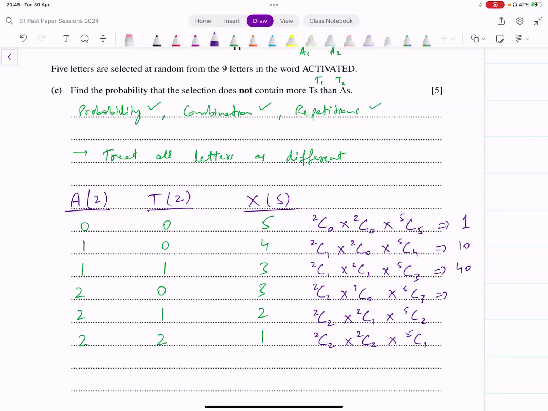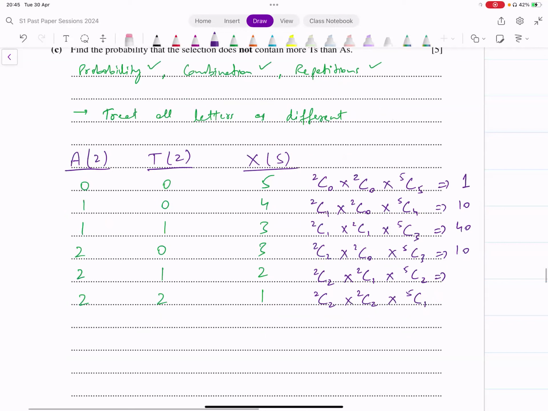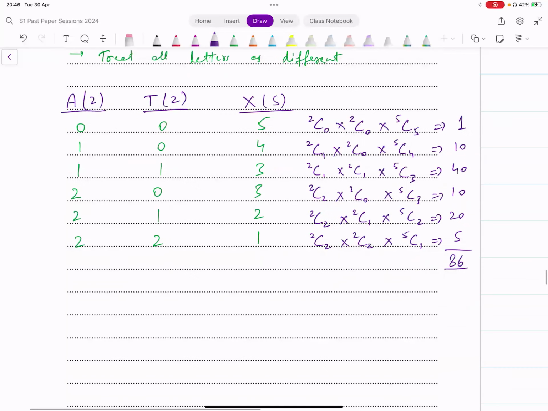Then 1 into 1 into 5C3, which is 10. 2C2 and 2C1, that's 2. 2 into 10, that will be 20. And then 1 into 1 into 5, that will be 5. What's the total that we get from this? Add them all together. 1 plus 10 plus 40 plus 10 plus 20 plus 5. That's giving me 86. What's the probability now?